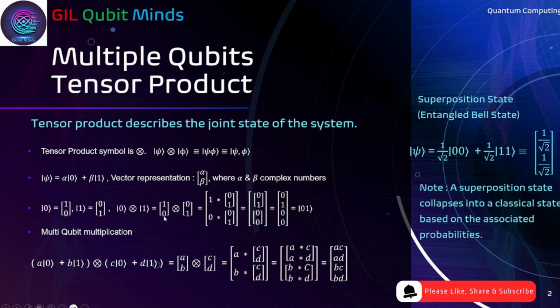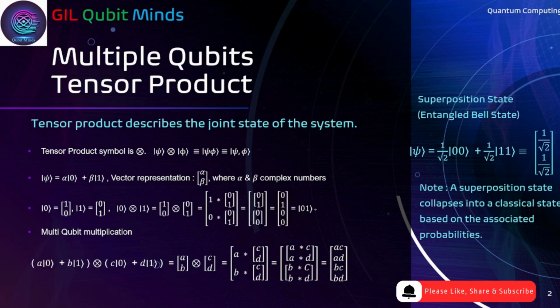For the first vector, each element is multiplied with the second qubit, the second vector. So 1 into (0, 1) and 0 into (0, 1). Here it is 1 times (0, 1) and 0 times (0, 1). When you multiply these, you get 0, 1 and 0, 0. So you can see 0, 1, 0, 0 is the final output.